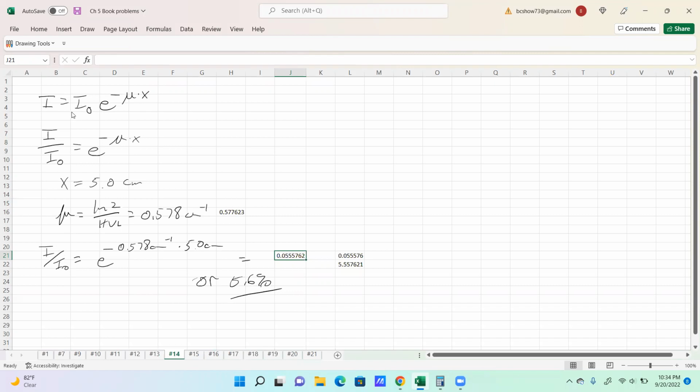When we take both sides and divide by I sub naught, this is what's transmitted, or the percentage. So we take e to the minus linear attenuation coefficient multiplied by 5.0 cm, and you come up with 0.0555762. If you take that as a percentage, you multiply it by 100, and it becomes 5.6%.